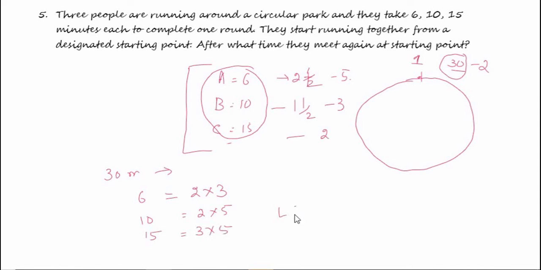So LCM is nothing but the product of the highest powers of each prime factor. So the highest powers are 2 into 3 into 5. So 6 into 5, it is 30 minutes. This is how we find out the answer for such a problem. So for this kind of problems we need to do LCM.